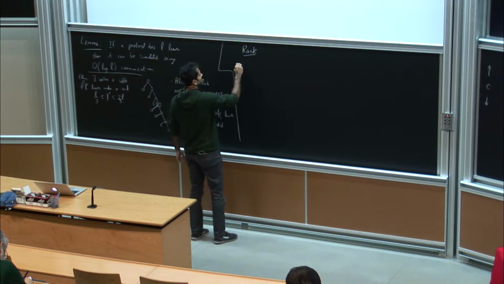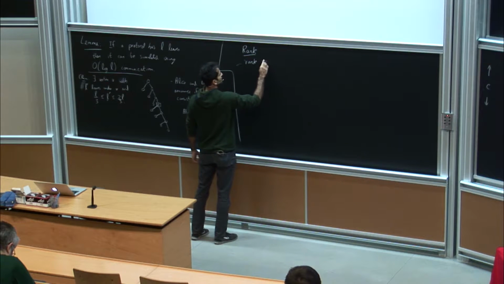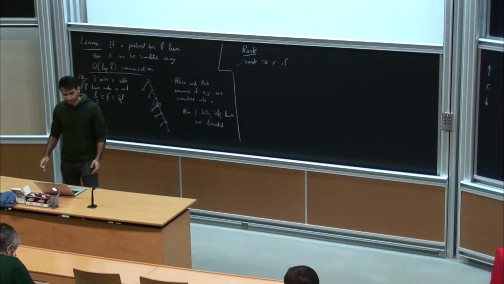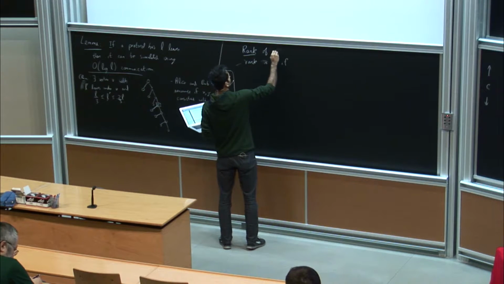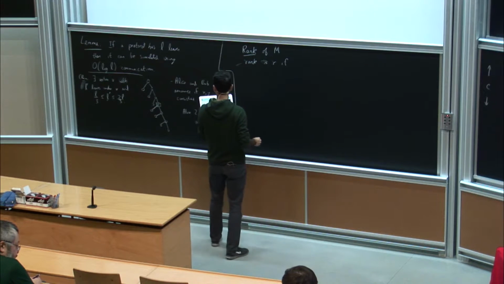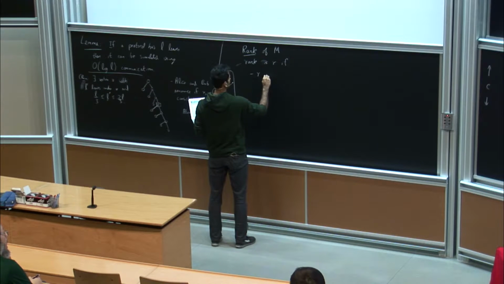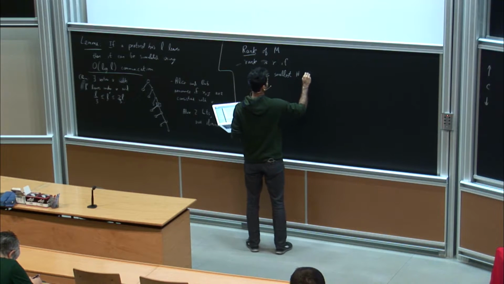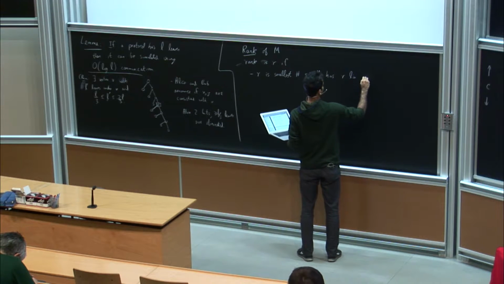Okay, and what is the rank? So the rank is R. Okay, and this is a definition, but there are a bunch of equivalent ways to describe the rank of the matrix M being R. So one way to think about it is R is the largest number such that M has R linearly independent rows.